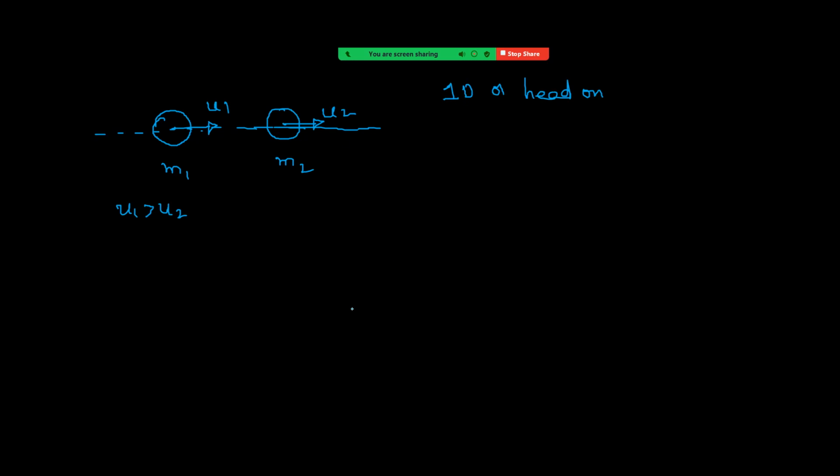Suppose we consider a body having velocity in this way. The other body is at rest. When this body collides with this one, you can see the direction of the velocity vector after collision will change.